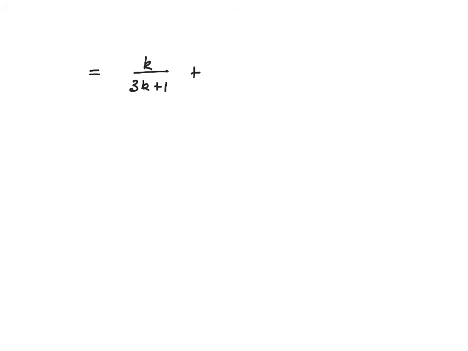Now simplifying the brackets, that gives us 3k plus 3 minus 2, which is 3k plus 1. And 3 times k plus 1 is 3k plus 4. Now I want to combine these two terms. What I can do is take out 1 over 3k plus 1 as a common factor. Hope you can see that.